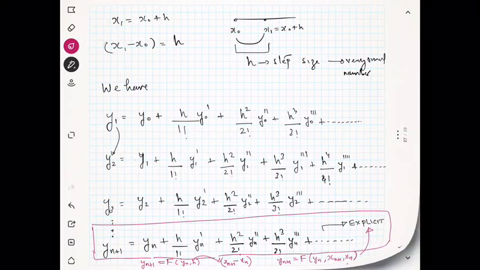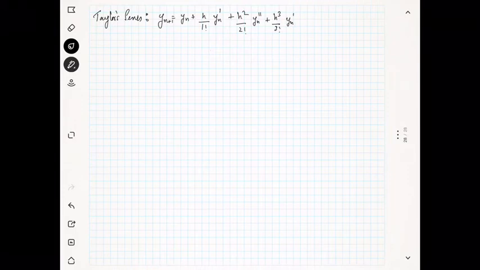In the Taylor series method, you will calculate yn plus 1 as yn plus h by 1 factorial into yn dash plus h square by 2 factorial into yn double dash plus h cube by 3 factorial into yn triple dash plus and so on.